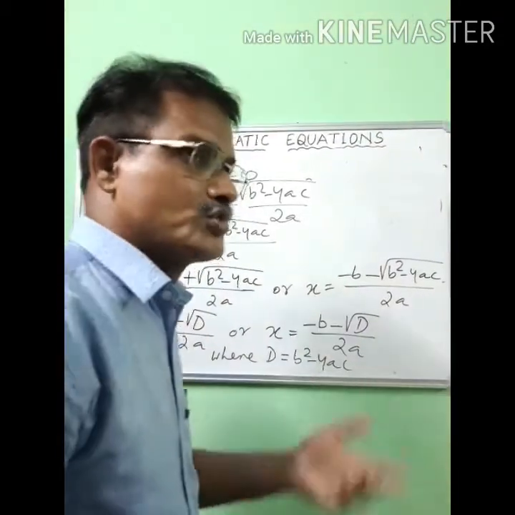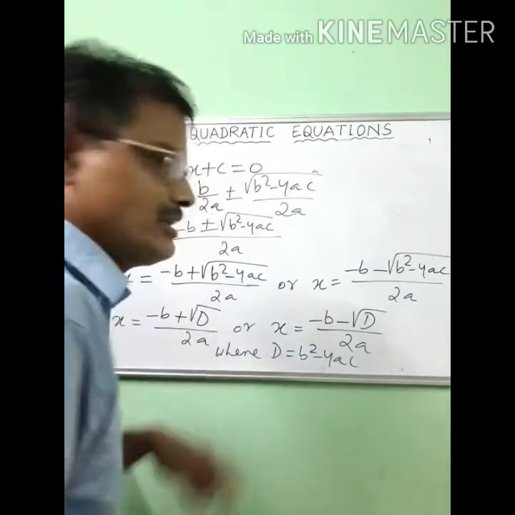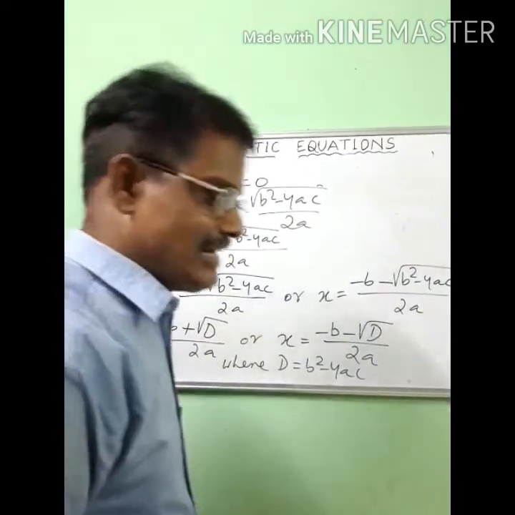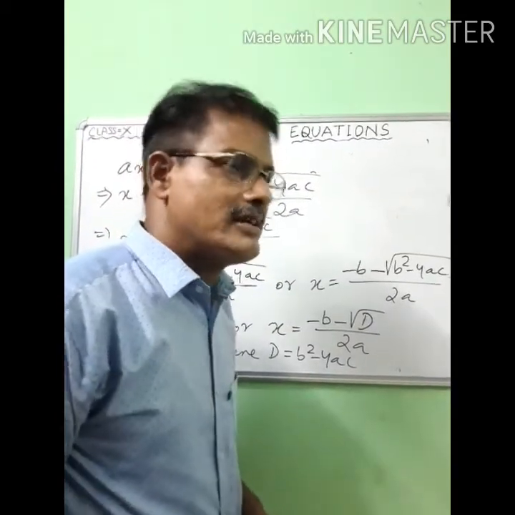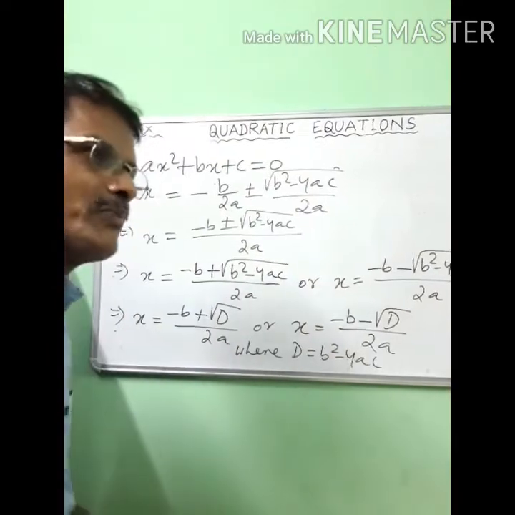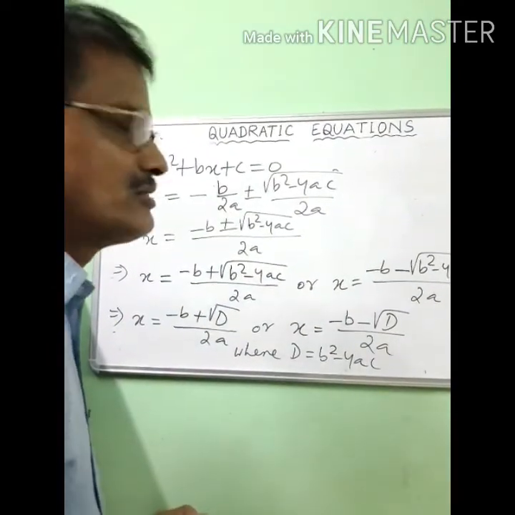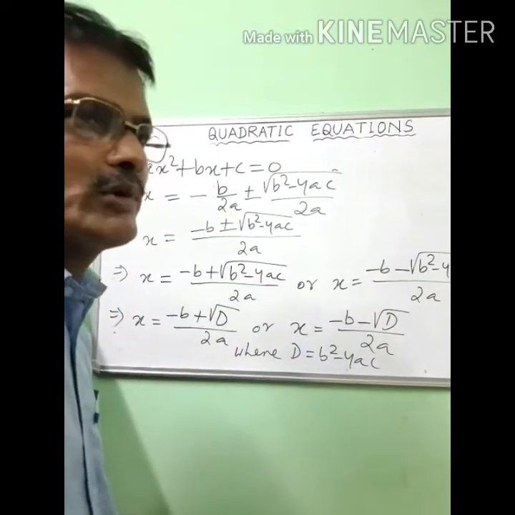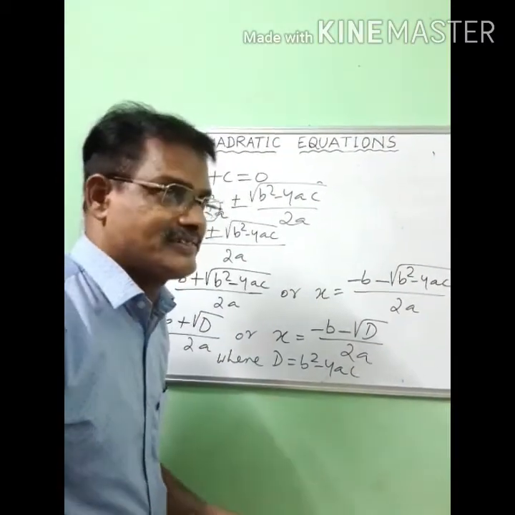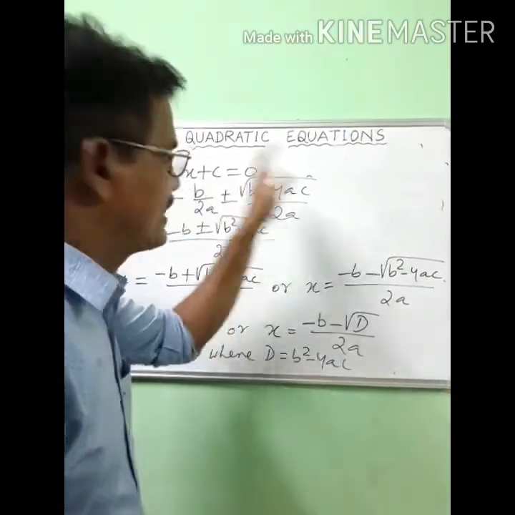Clear? In the next class we will discuss the nature of roots, some important questions with answers related to quadratic equations, and some important word problems related to quadratic equations.